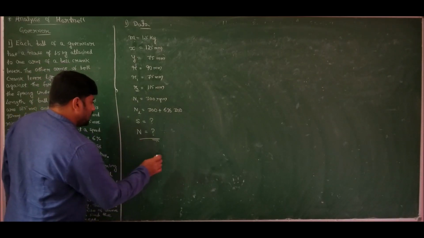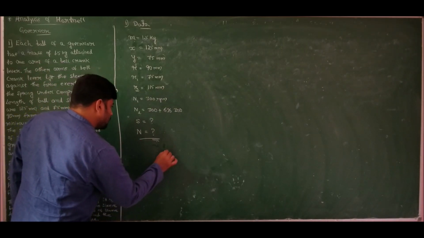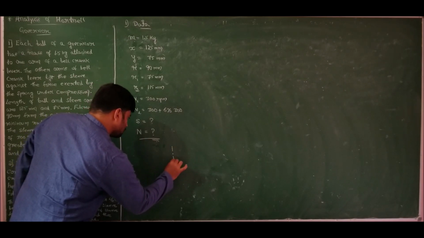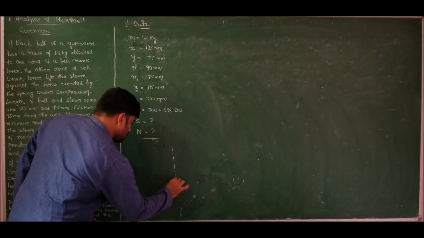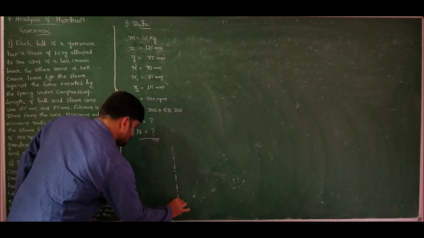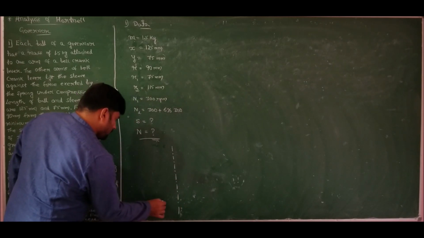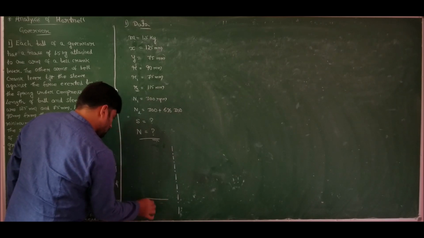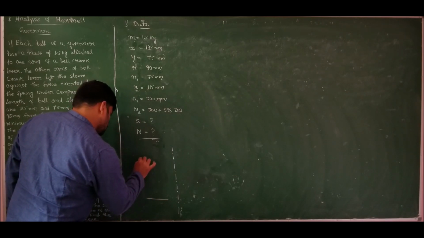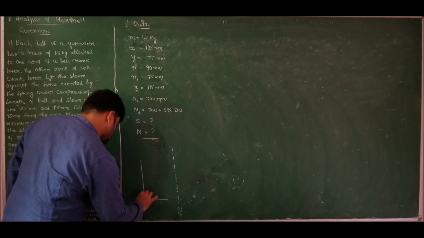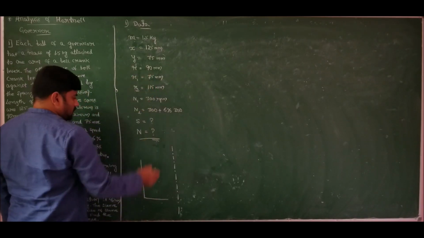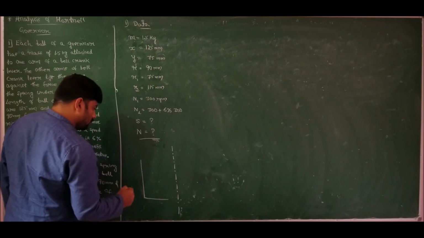Now if I draw the line diagram of the Hartnell governor for the given conditions, we have the axis of rotation, and the mean position in which we have a sleeve, at which the radius is 90 millimeters. The mean radius is known to me.